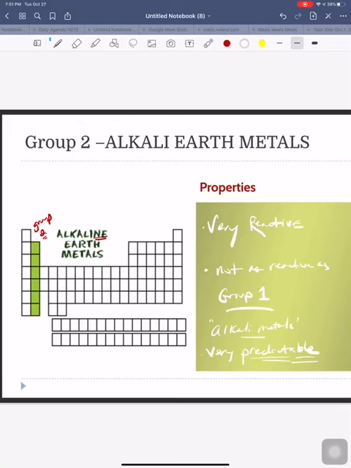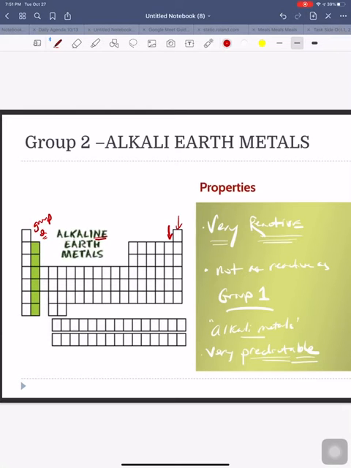So group 1 and group 2 are both incredibly reactive. Group 1 more so, the most reactive on the planet. Next up, group 2s that we're looking at here, also reactive, not quite as much. But the predictability is very key, and that's going to come into play when we come over and we actually see our halogens, or our group 17 nonmetals, and group 18, our noble gases, also nonmetals.